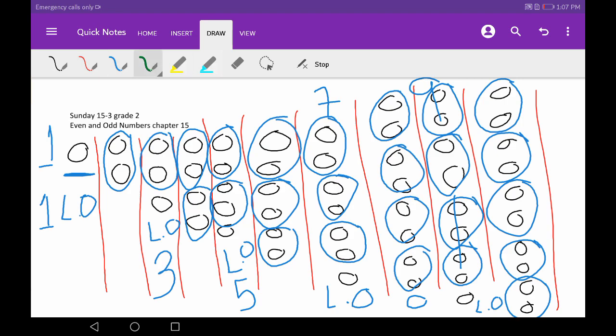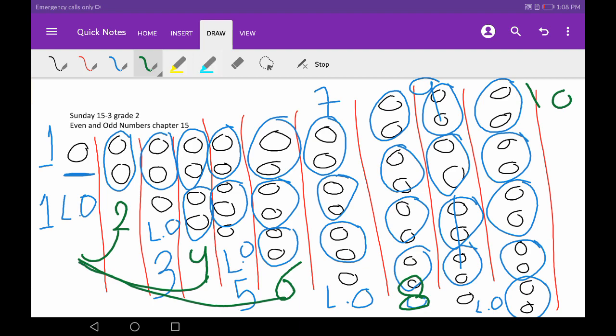But number 2, 4, 6, 8, and 10, when we divide them by 2, don't have any leftover. So our conclusion from all of this is: any number that can be divided by 2 with no leftover, like 2, 4, 6, 8, and 10, all of them are called even numbers.